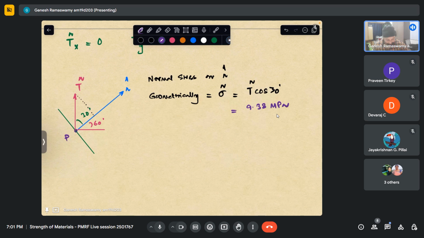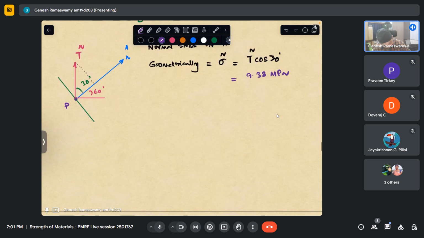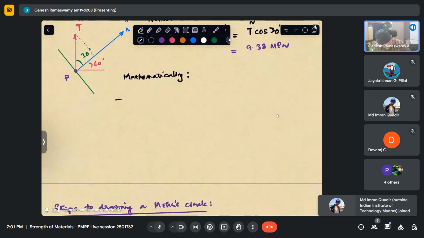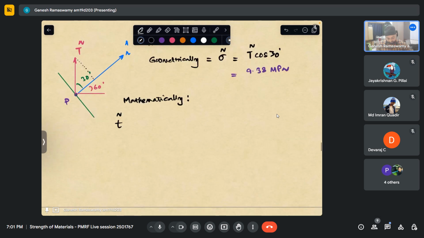Alright, now mathematically, how will we get this? We have the traction vector. Basically, we have to dot it with our n. We have a vector, its projection on the normal is what we want. Geometrically, we have seen it is nothing but cos 30. So if we dot it with n, what will we get?